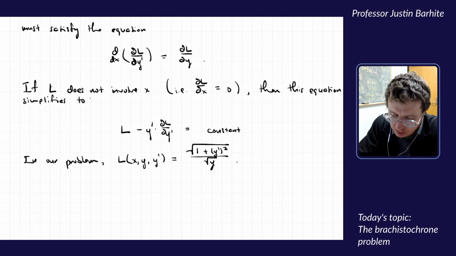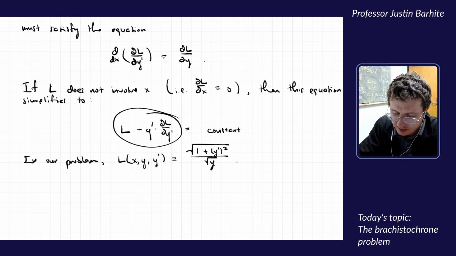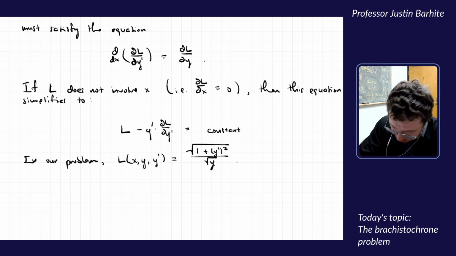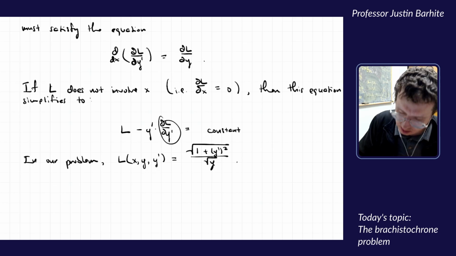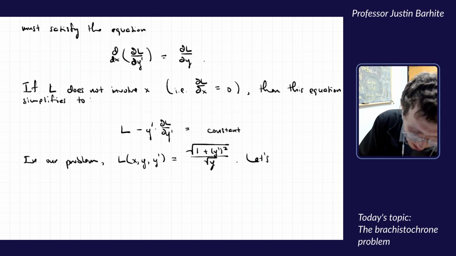Okay, so the Euler-Lagrange equation tells me that this thing is going to be a constant. So I'm first going to compute this partial derivative.